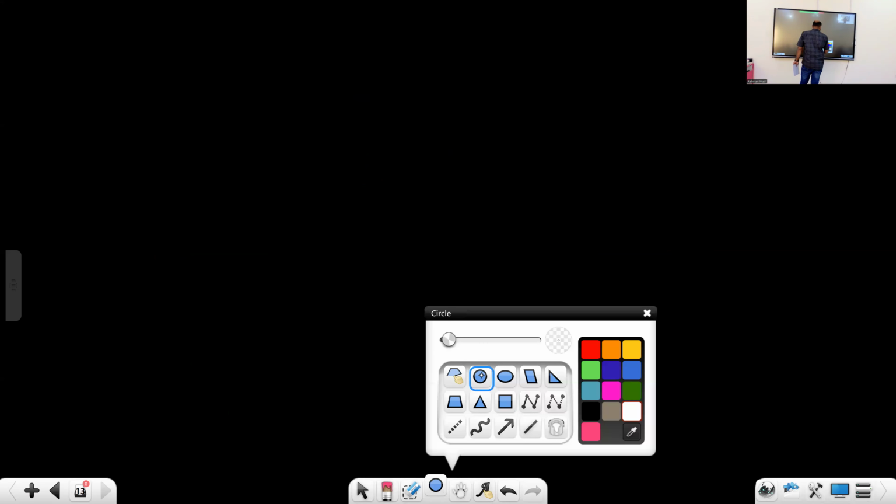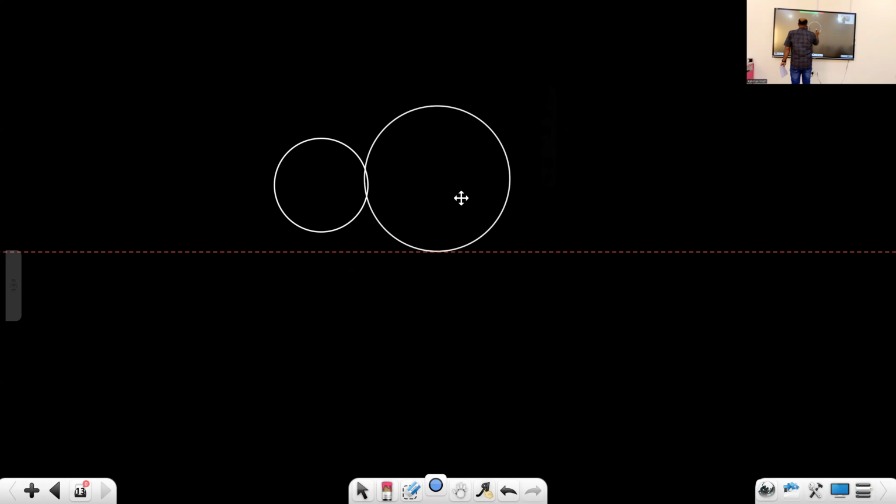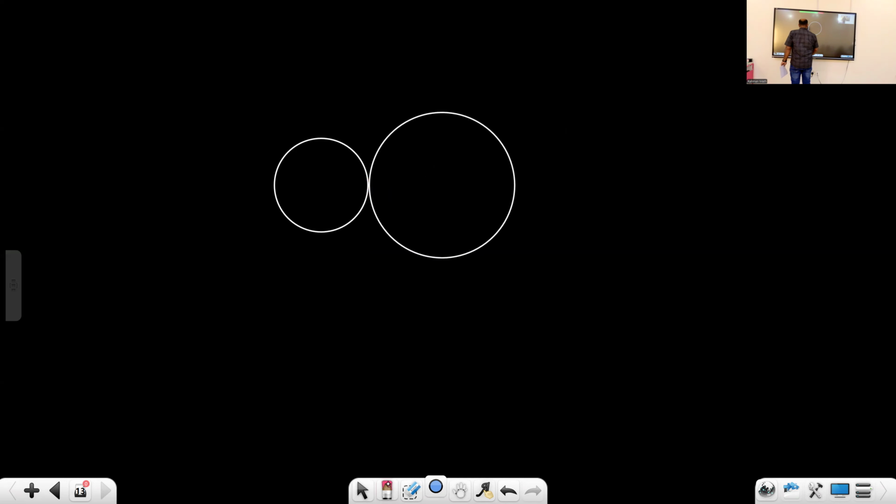Two circles touching externally. This is the center of the first circle, the center of this second circle. This is the radius, small circle radius r, bigger circle radius capital R. Draw the diagram.